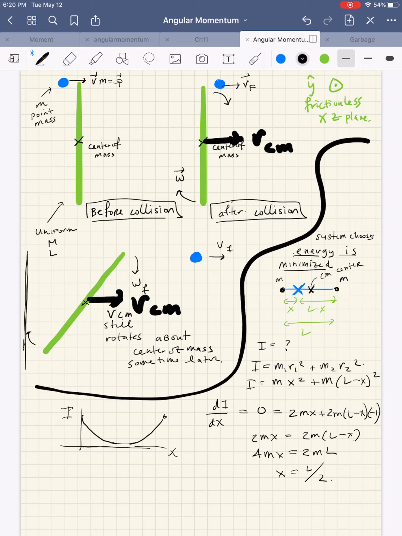Now, this is related to energy, because if I was rotating this thing without any kind of external forces, I being smaller lowers the energy, and that's the thing. Every single time, in the absence of some kind of external force or torque, it's going to rotate around the center of mass.